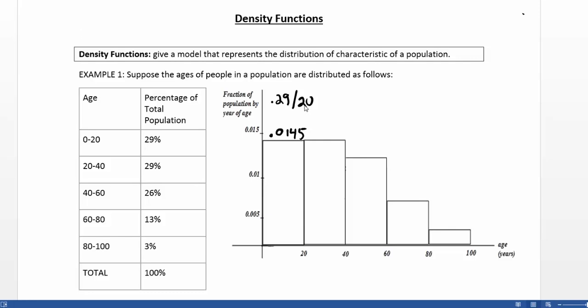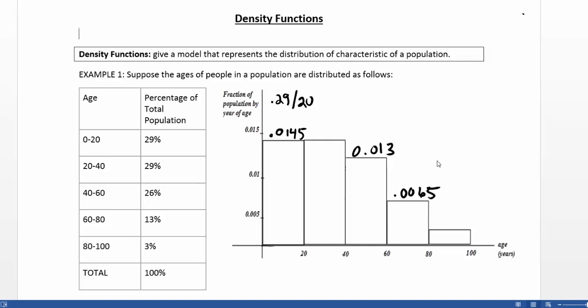The height from 20 to 40 is the same because it was 29% divided by 20. From 40 to 60, we take 0.26 or 26% and divide by 20, which gives us a height of 0.013. For 60 to 80, we take 13% or 0.13 and divide by 20, which gives us 0.0065.